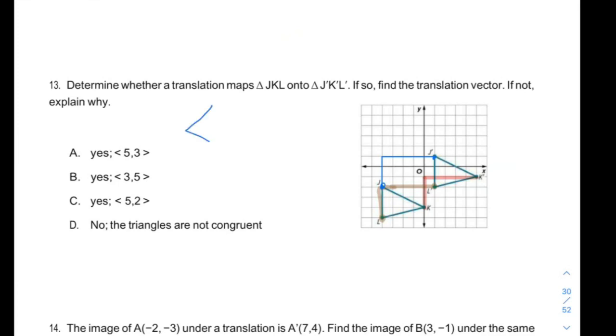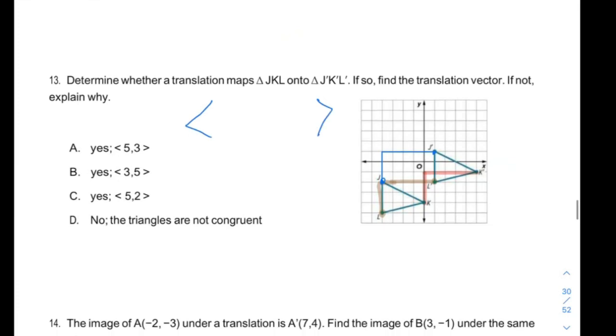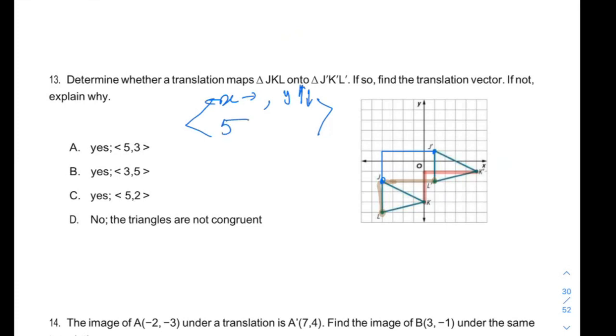When you write the translation vector, you start with the x movement, horizontally left or right, then the y movement up or down. So we moved 5 units to the right, so it's positive 5, and 3 units up, so it's positive 3. That means this is our answer.